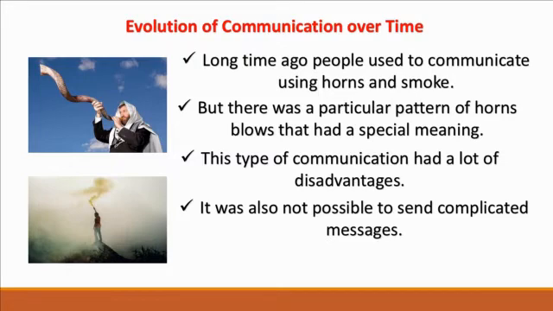That person is sending a message to another person or to another community, but only using the blowing of the horns. This was very, very difficult. But there was a particular pattern of horn blows that had a special meaning. You can imagine it was very hard for a person to blow the horn in a particular way so that the other person can understand.